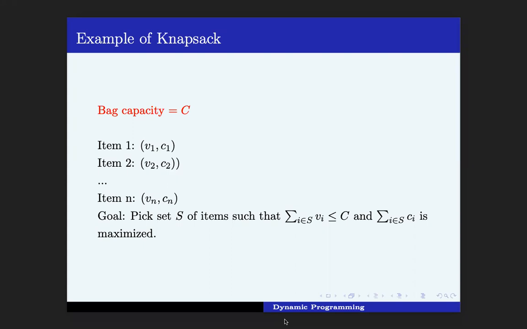Your job is to ensure that you don't cross the 25 kg, and yet you want to carry the most valuable, or most important, of your objects. That's basically what you want to solve.